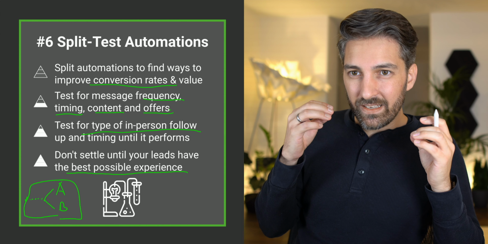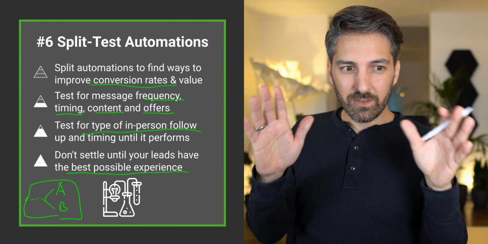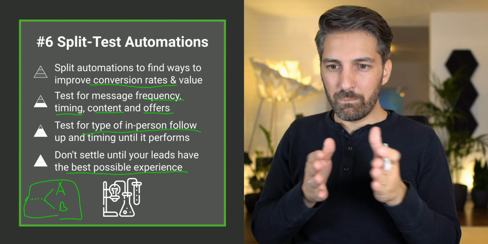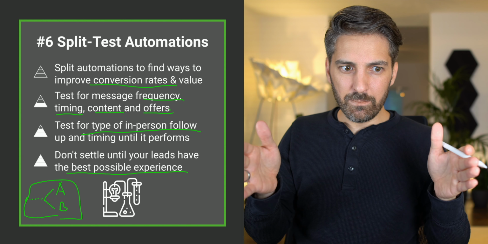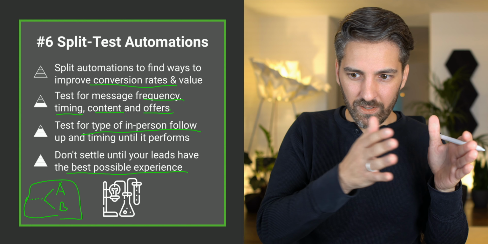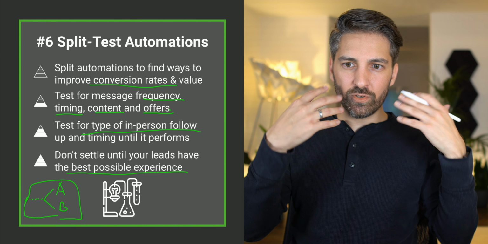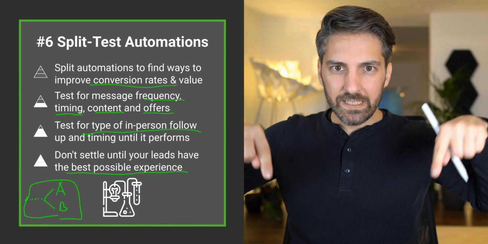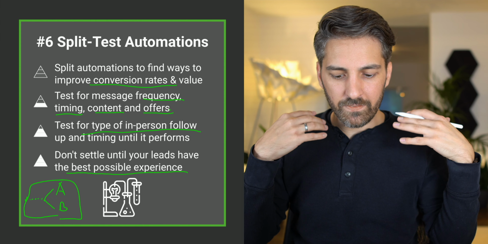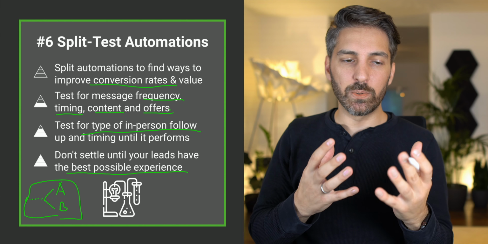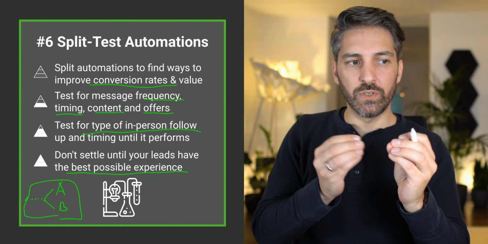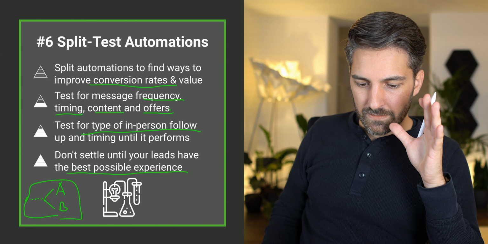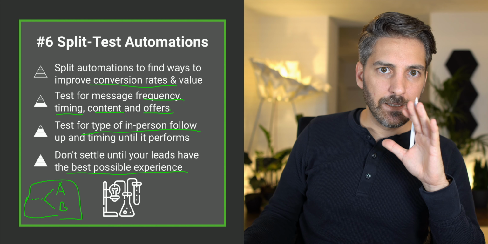And I invite you to not just build those nurturing funnels and just leave them, but to treat them as the way your customer approaches you, and then use your creativity and the value that you build, and keep on tweaking each point in the funnel until you have achieved the best possible experience you could imagine for your customers. And split testing the automations is the way to go.